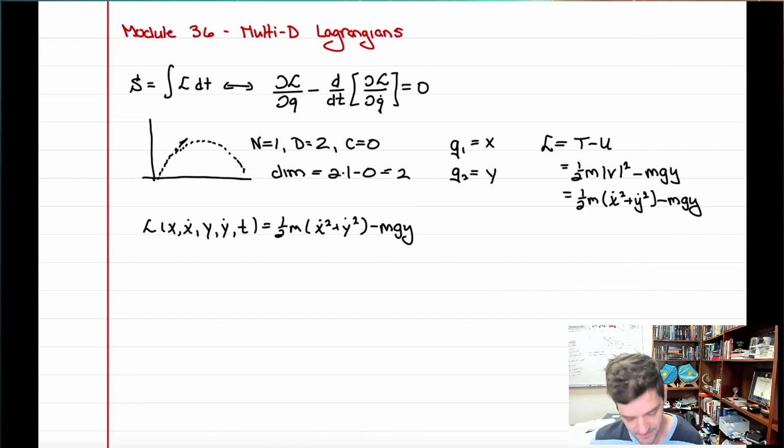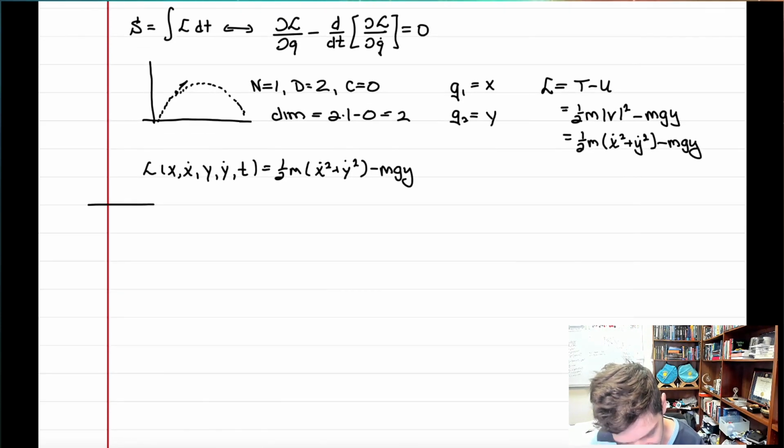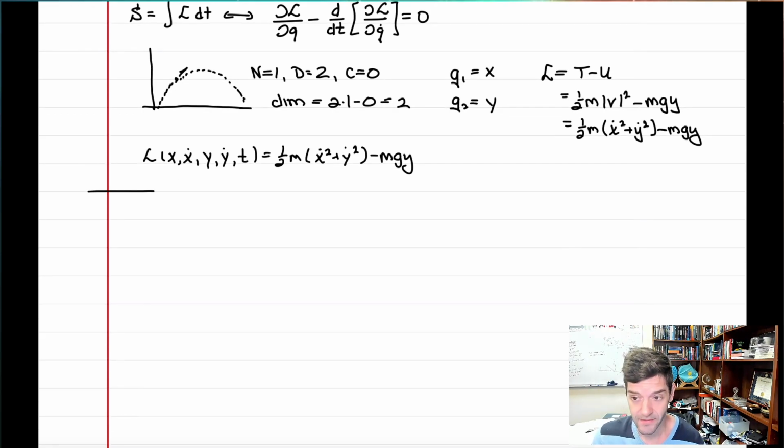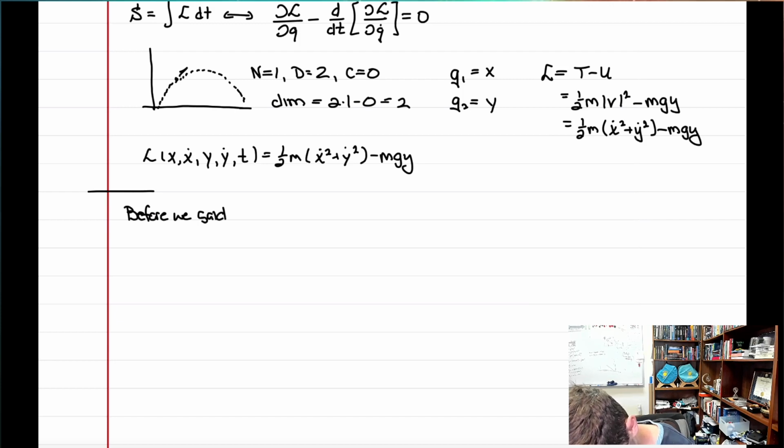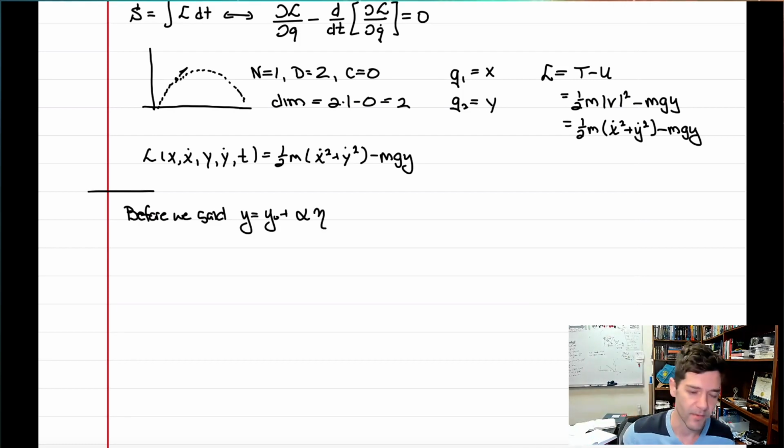Well, consider the original proof of how we derived Lagrange's equation in the first place. We took some path y that was y naught plus some alpha times eta. Remember, y naught was the actual path we were trying to figure out, alpha was an arbitrary constant, and eta was a function that allowed us to encapsulate any deviation from the true path.